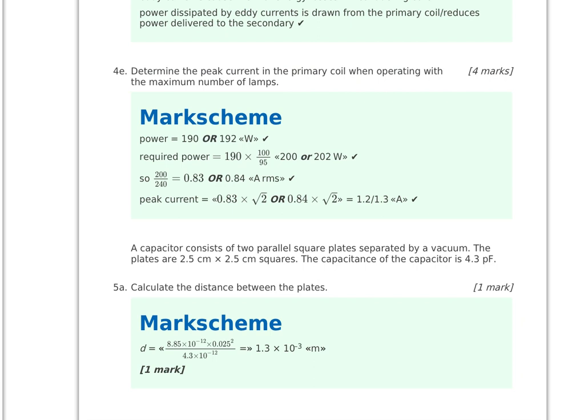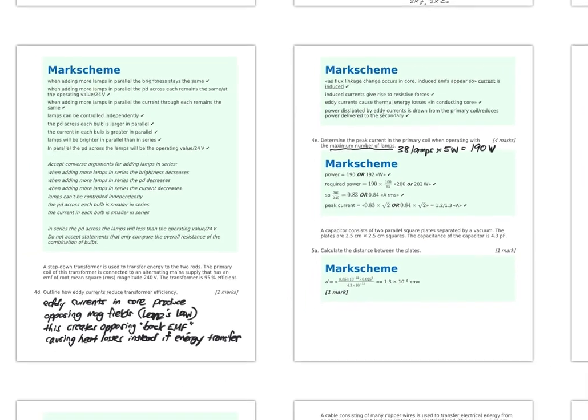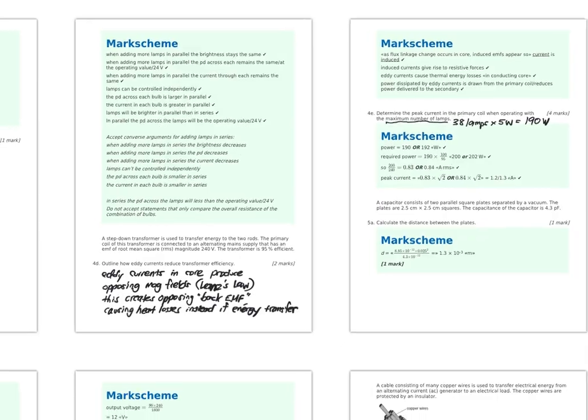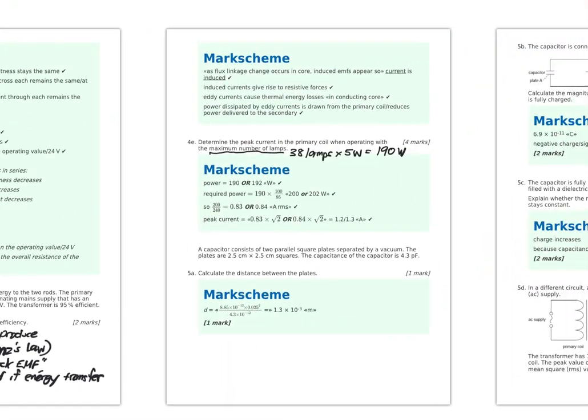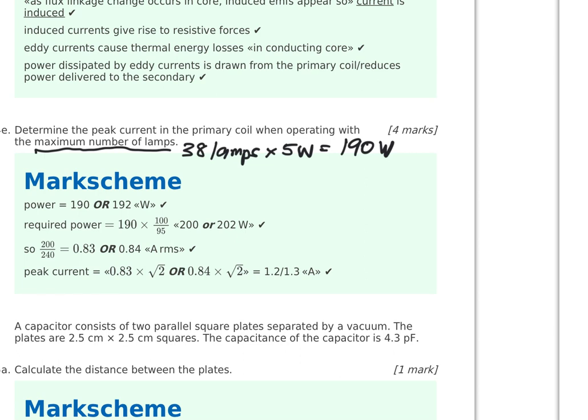Okay, so for E, max number of lamps, we determined that was 38 lamps, and we know that those lamps are 5 watts apiece, so that winds up being 190 watts total on the load end. Now it says somewhere here, yes, it says that the transformer is 95% efficient. So the output power is 190, the load side, I guess the secondary, I would call that.